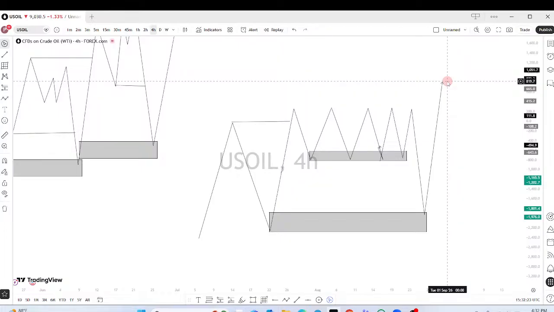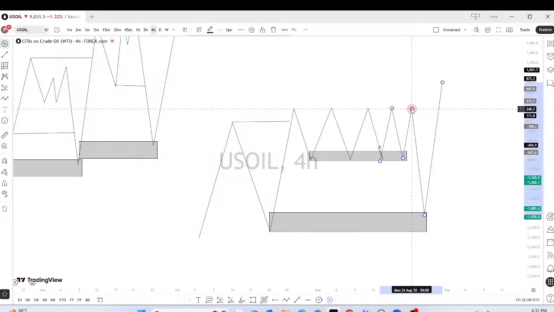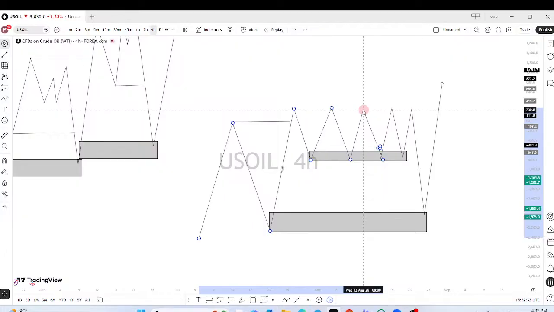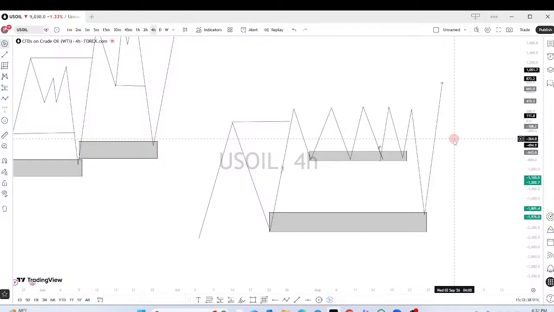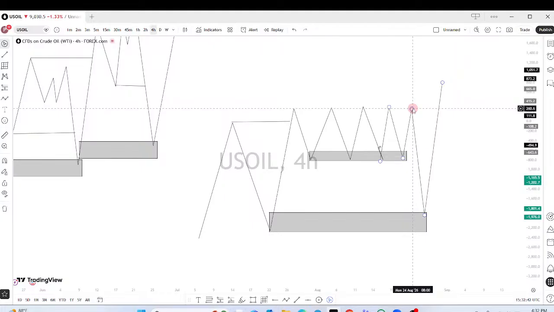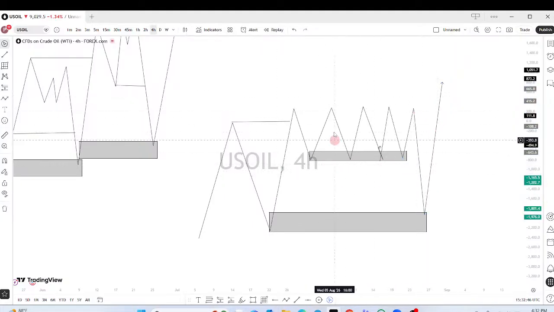I'm not saying you should be using big lot size. Of course you should use your risk management very well. Very, very important. You need to apply risk management no matter how good your setup is. But we're not talking about risk management today. We just want to understand liquidity.